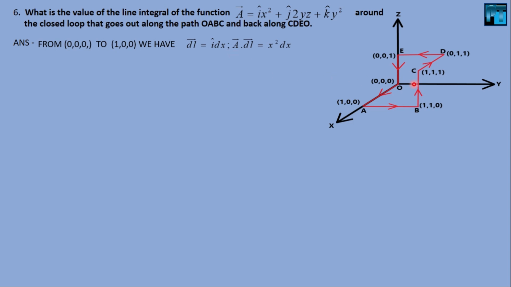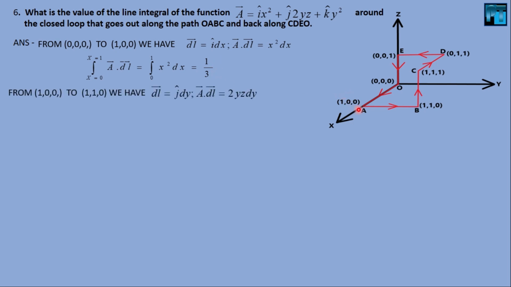But for this line only x is varying. So dl equals i cap dx, and A dot dl becomes x square dx. So integrating from x equals 0 to x equals 1, x square dx, this is a very basic integral which will give 1 by 3.